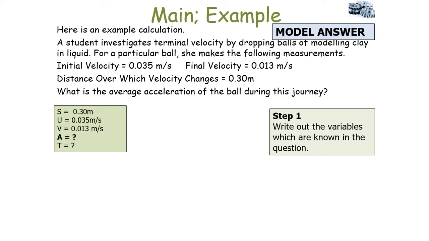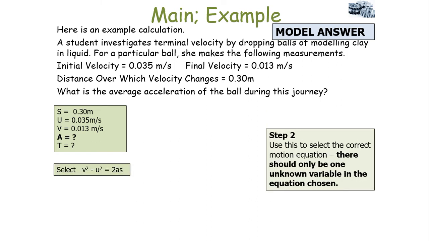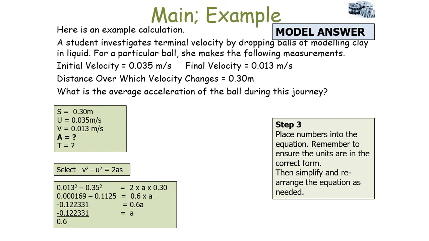So you write out the variables which are known in the question. You then select the correct motion equation where there's only one unknown variable. So in this instance, v squared minus u squared equals 2as, or v squared equals u squared plus 2as. It's the same equation. You then pop in the values into your question. So you go 0.013 squared minus 0.035 squared equals 2 times a times 0.3.